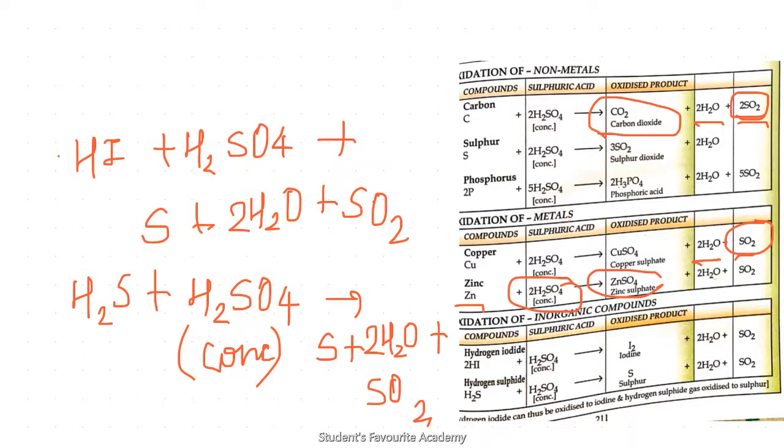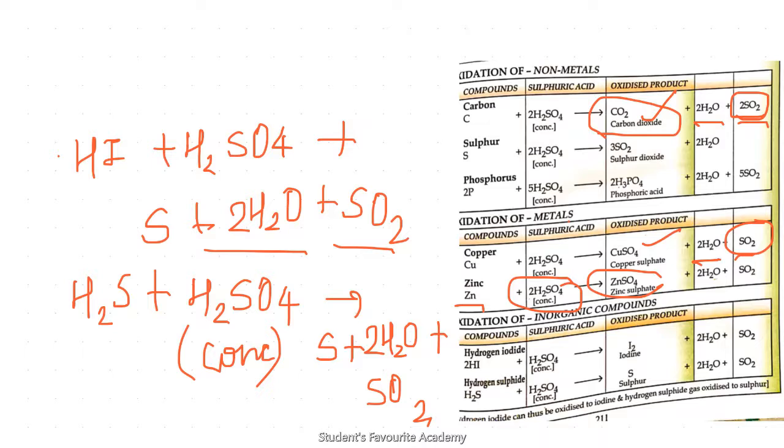So here also, children, in all three cases, the side products that we are getting are water and sulfur dioxide. That is an important thing. Further, based on whether it is reacting with a metal, a non-metal or an inorganic compound, the products are different. If it is a non-metal, we are getting the oxide form. If it is a metal, we are getting the salt form.